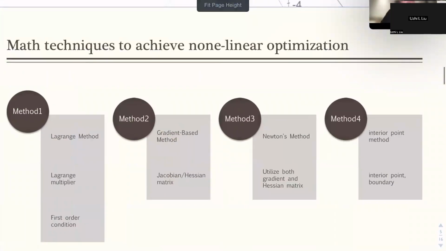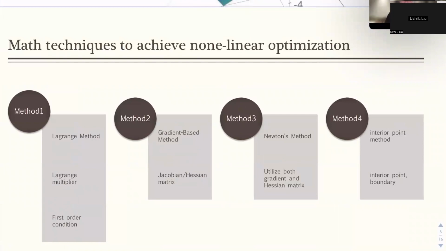And as we know, there are many math techniques that basically help us to find the optimization point. I will introduce a couple of them. The first method is known as the Lagrange method, or you can call it the Lagrange multiplier.